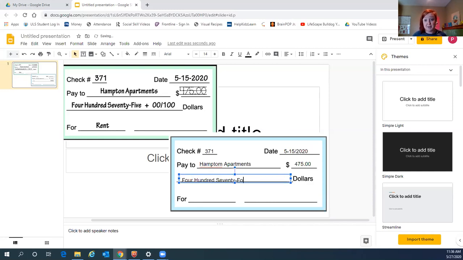And I cannot spell them and talk at the same time. So obviously, I wrote 475. Then they put the plus sign. I like to write and $0, $100. That means 0 cents because there's 0 cents up here.